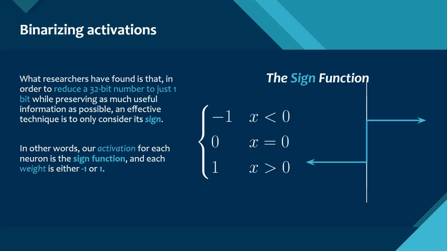What this means is our activation for every neuron is going to be the sign function. This is why I mentioned that we're passing a trained network to this first. We talked about how gradients will saturate when our activation function is flat, because when it passes through, it's just going to be a gradient of 0. Everywhere this function is differentiable, the gradient is going to be 0. So this would be terrible to train with, which is why we pass in the trained network first. So this is important: don't train with this activation function, please.